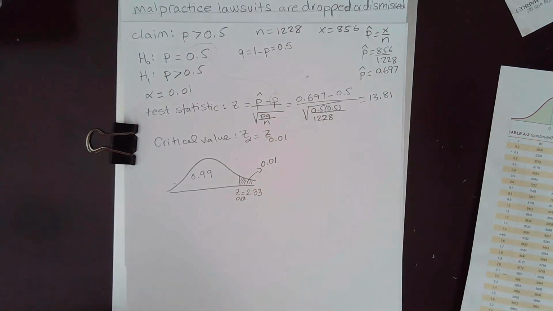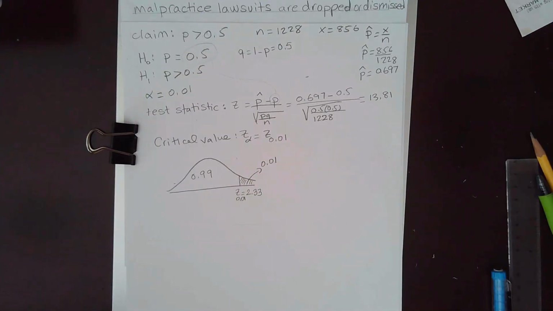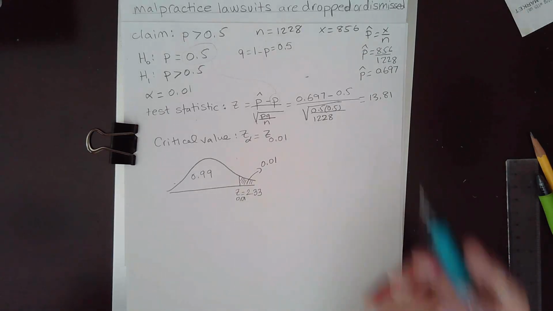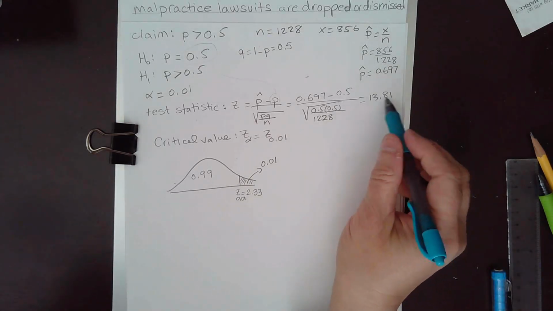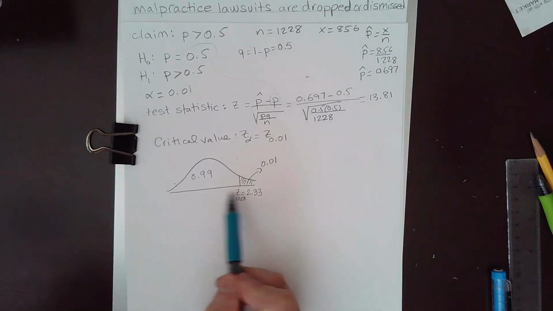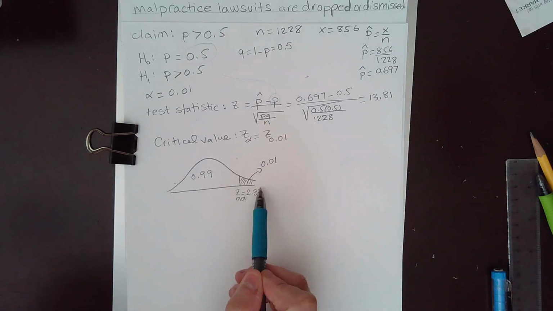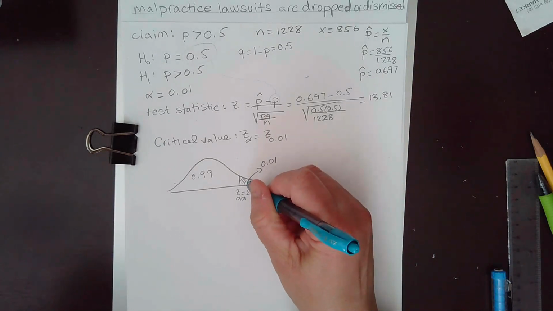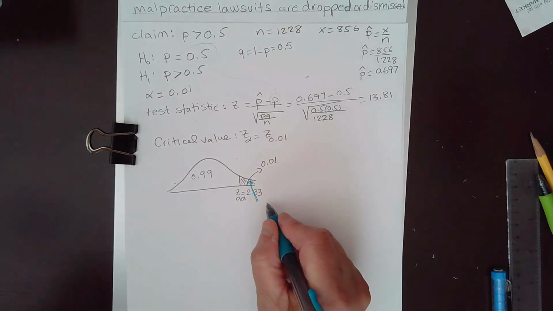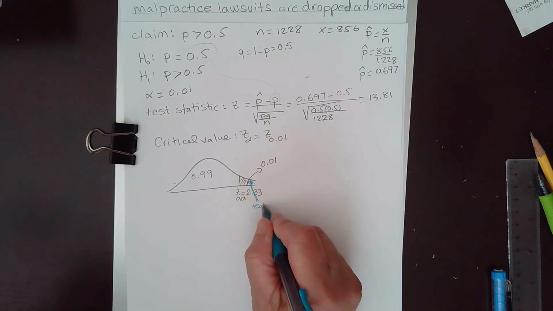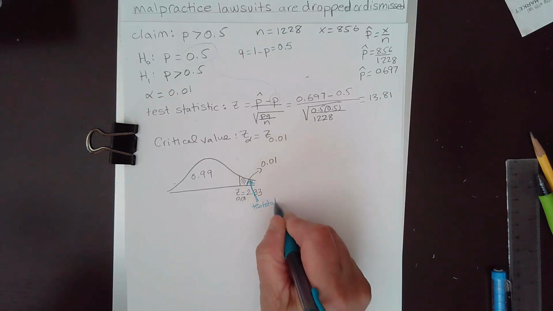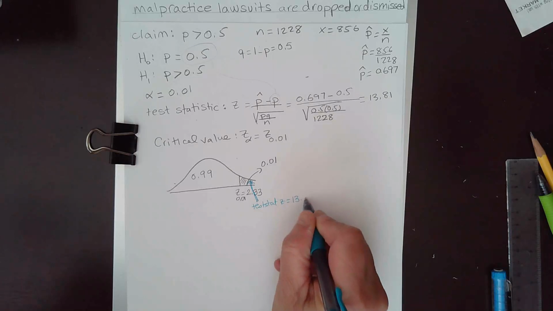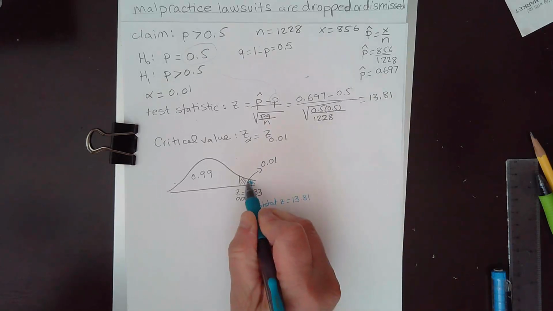Okay, so now that we have the critical value and the test statistic, you notice that the test statistic is 13.81. It's not less than the critical value, it's greater than the critical value. It's right here in the critical region. This is your test statistic, z equals 13.81, and that is in the critical region.